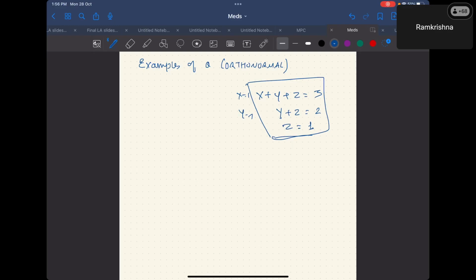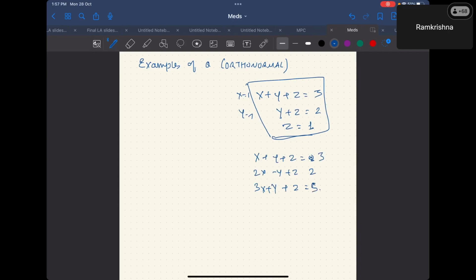Now, what if the system is not in this form? Say the system is x plus y plus z equal to 3, then 2x minus y plus z equal to 2, and say 3x plus y plus z equal to 5.